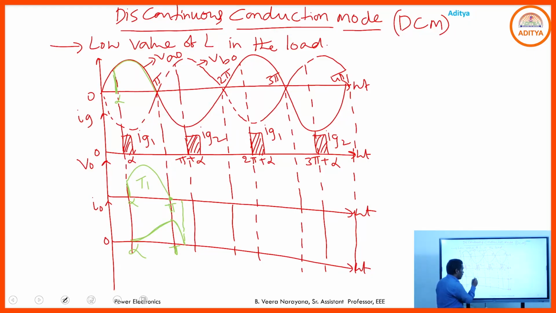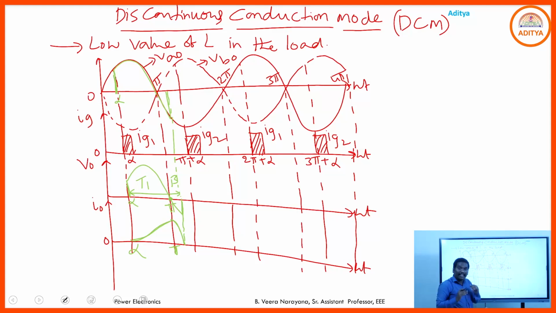Up to this instant the conduction of T1 is extended, hence this small portion of negative voltage is also available across the load. Hence from alpha to this point is beta, which is called the extinction angle.